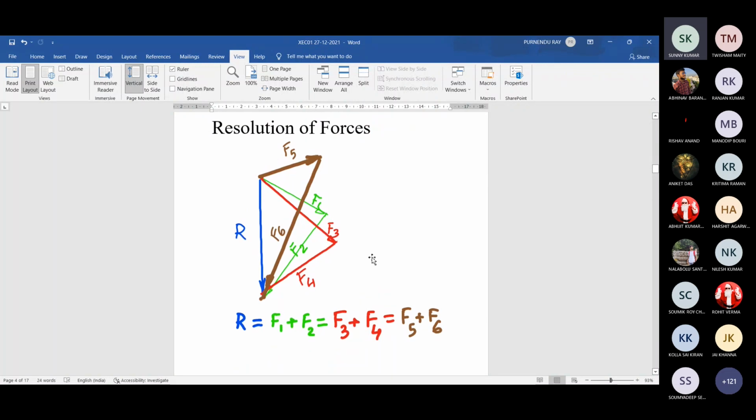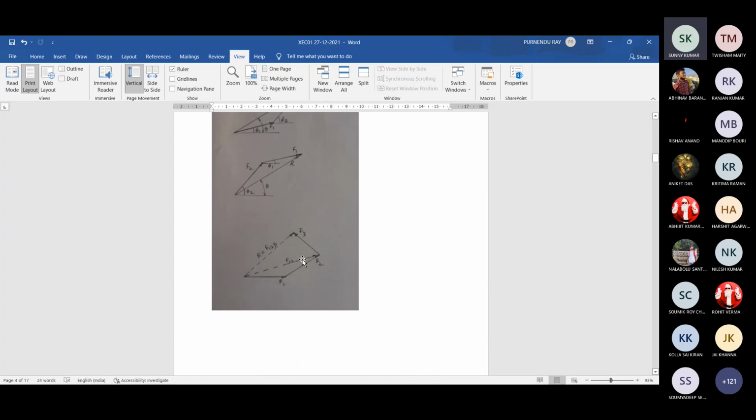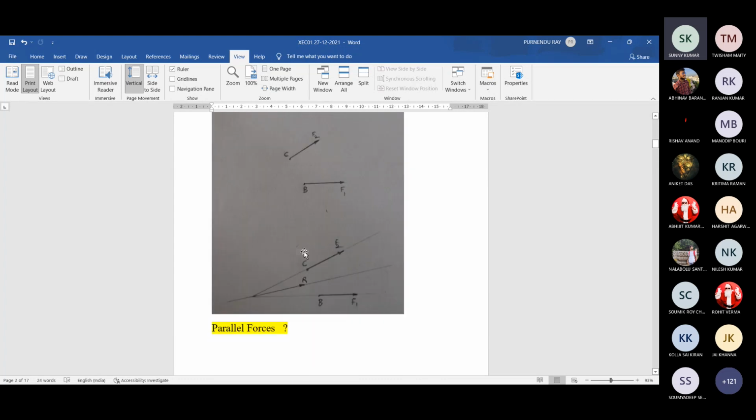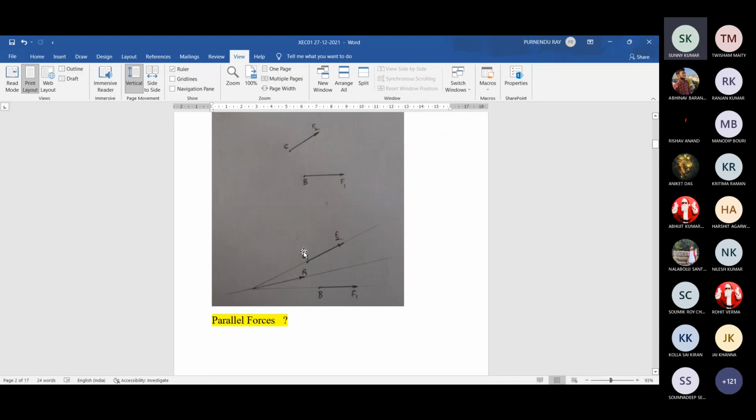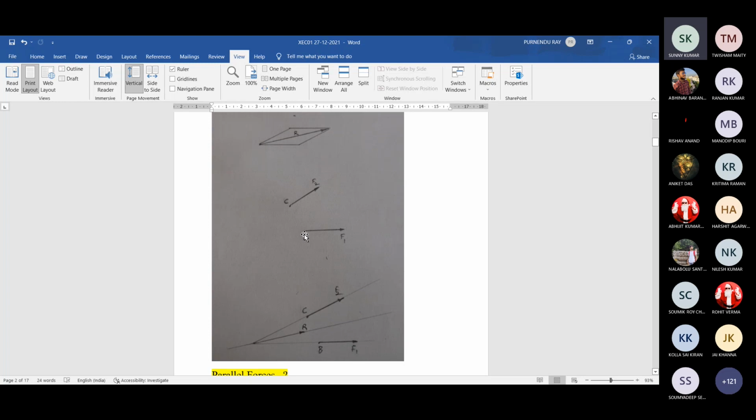Okay, now this thing we utilize for this situation. So at B there is a force F1, at C there is a force F2 parallel to F1. Now we resolve this force F1 into two components, maybe F3 plus F4, and resolve this force F2, which is parallel to F1, into two components, F5 plus F6.